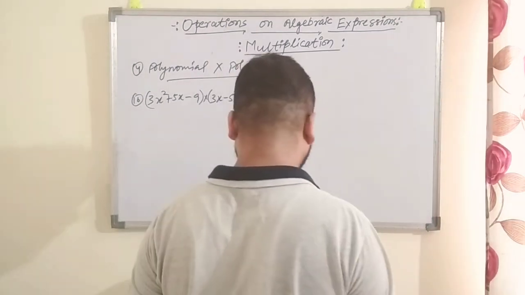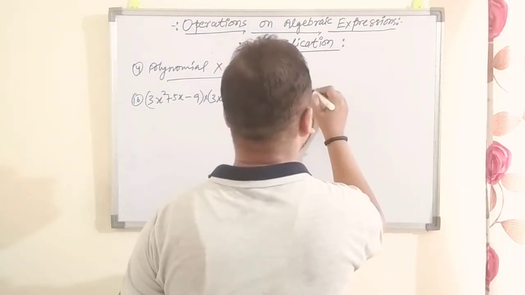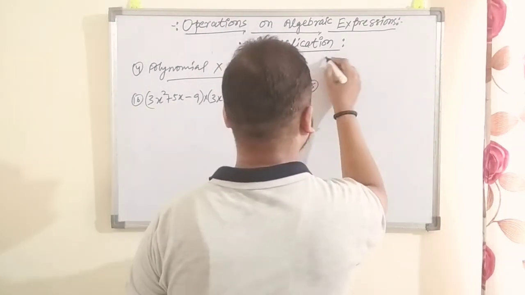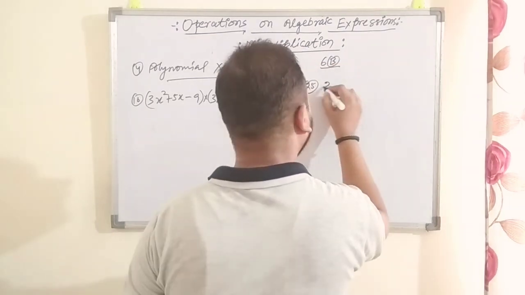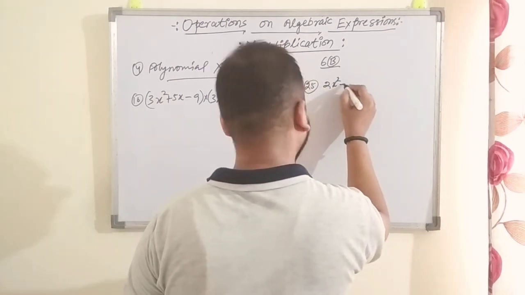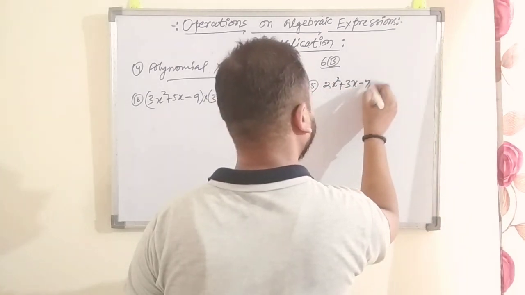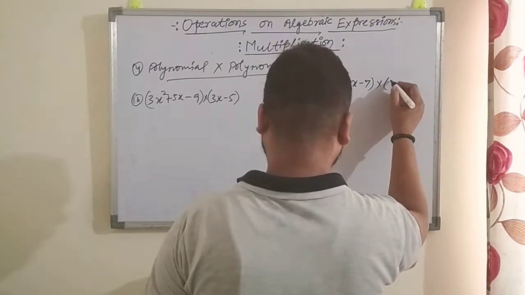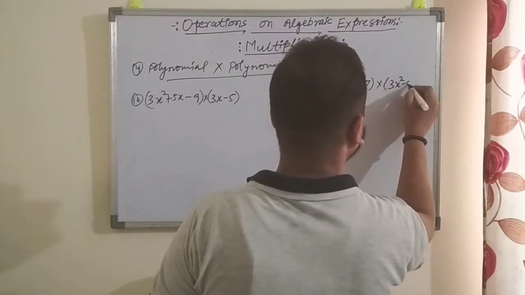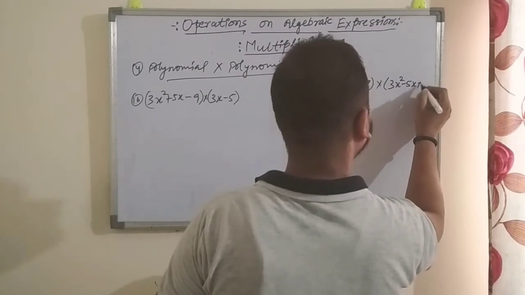And now question number 25 of exercise 6b: 2x square plus 3x minus 7, it is being multiplied with 3x square minus 5x plus 4.